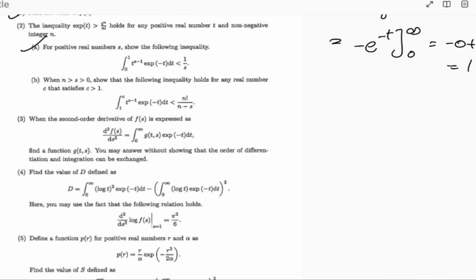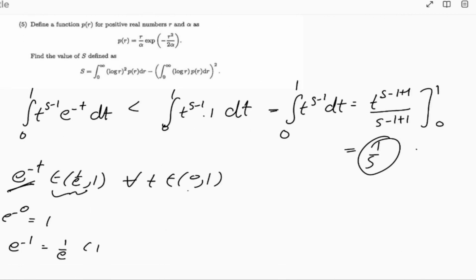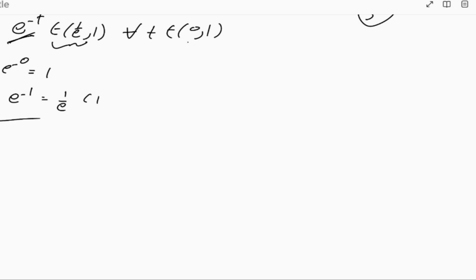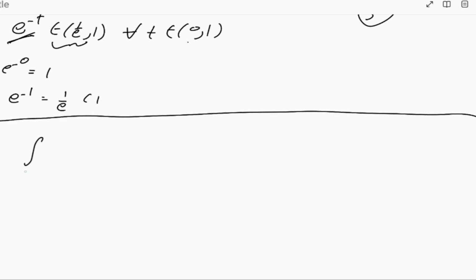And part B says when n is greater than s and both are greater than 0, show that this inequality holds for any real number c greater than 1. Okay, so we have the integral from 1 to c of t^(s-1) e^(-t) dt.